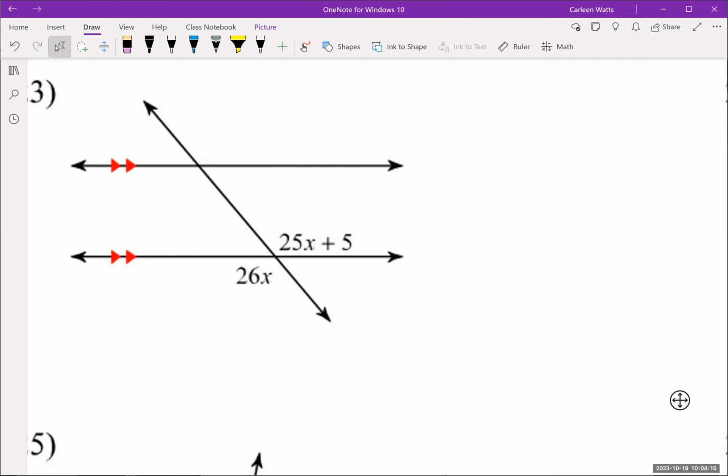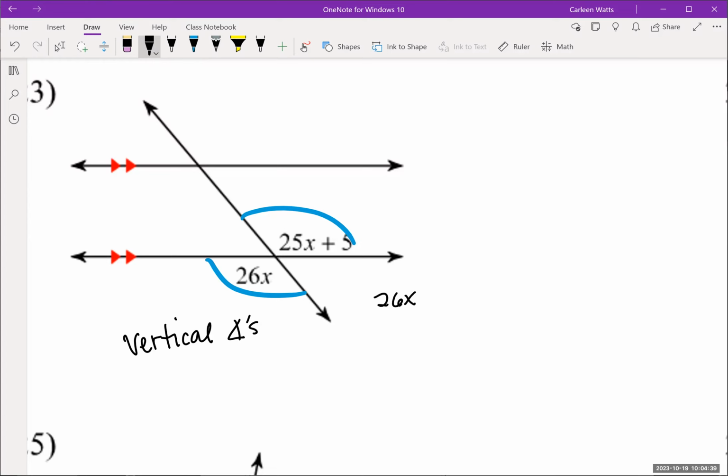Okay, so number 23, step 1, what vocabulary word goes with those? Notice? Yeah, ding, ding, ding, vertical. Vertical angles are congruent. So now we write our equation. 26x is equal to, I'm going to mute you. Sorry. If you need to say something, you can unmute. Is equal to 25x plus 5.